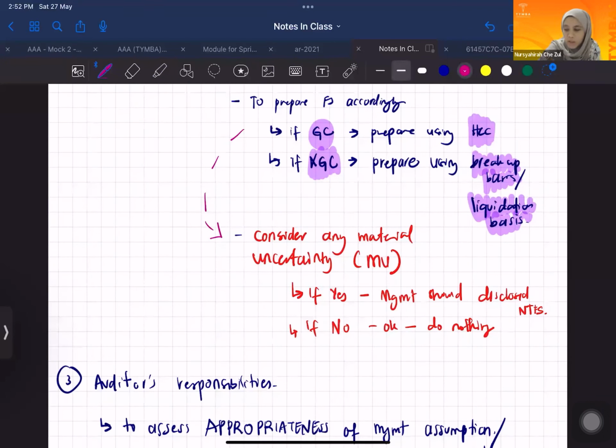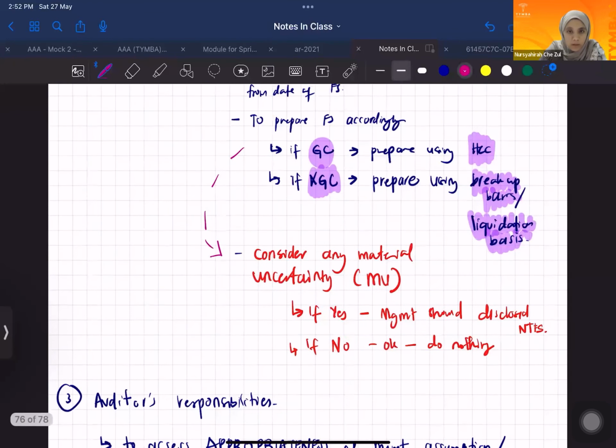Can you survive 2 days on only having 50 ringgit? Don't know. Maybe 50-50. If there is no emergency, then yes, you can survive. If there is emergency, maybe you cannot survive 2 days with 50 ringgit. So that is material uncertainty.